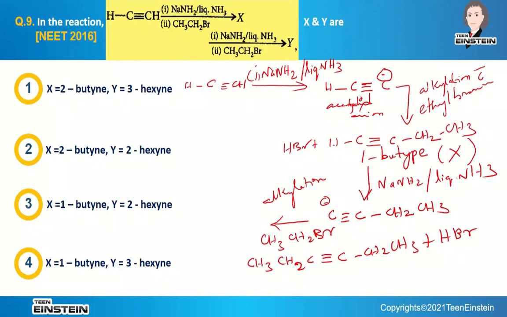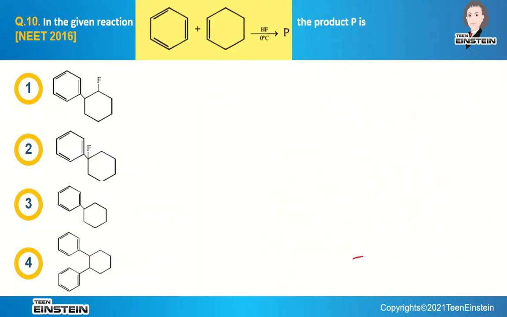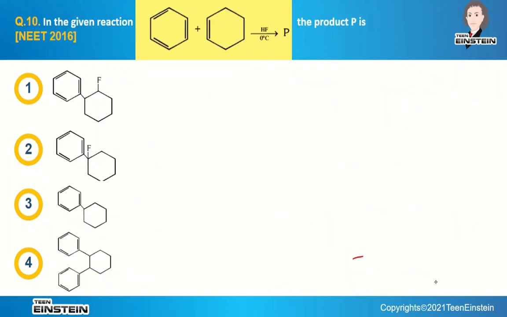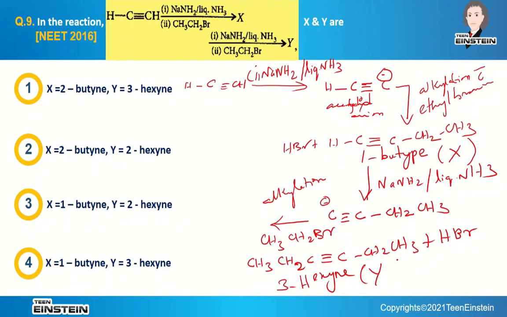So the product is 3-hexyne. This comes as Y. So X and Y are 1-butyne and 3-hexyne. The correct option is number 4.